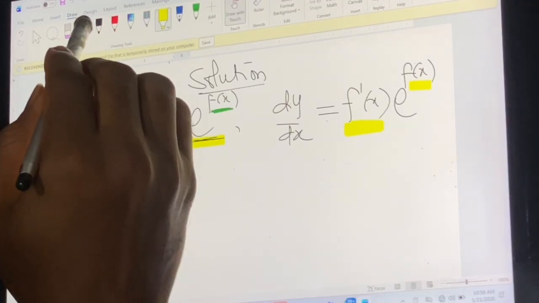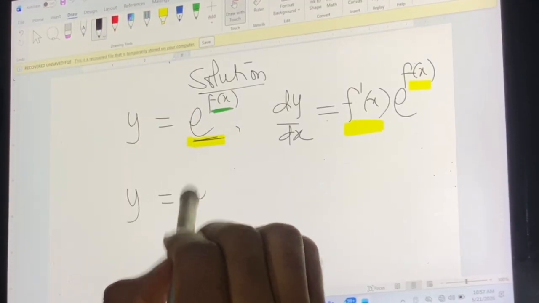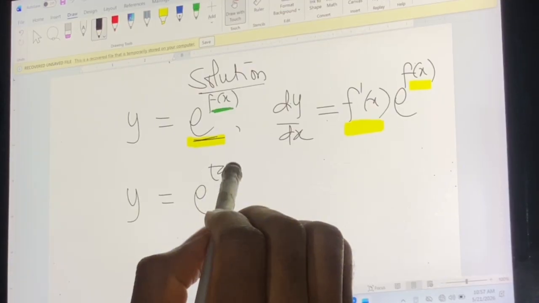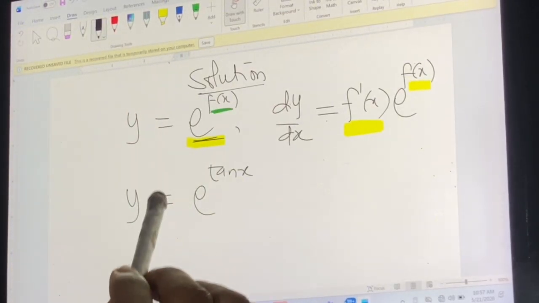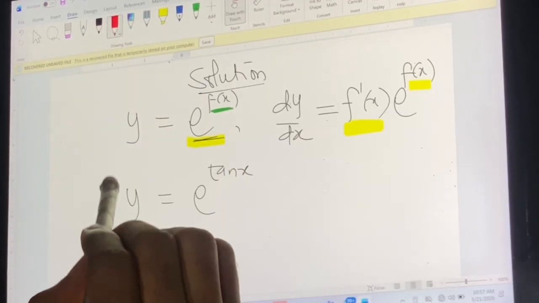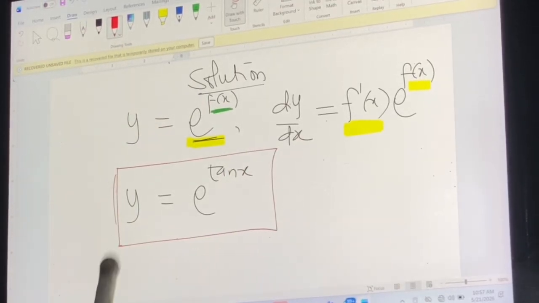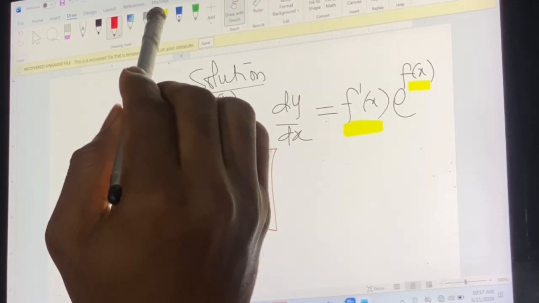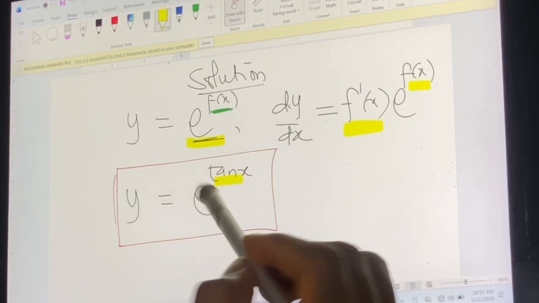So let's differentiate this here. We have the equation y is equal to exponential tan x. Our intention here is to find the dy/dx of this particular equation. Class, remember, the format is to differentiate what is at the top, take it down, and repeat the equation.